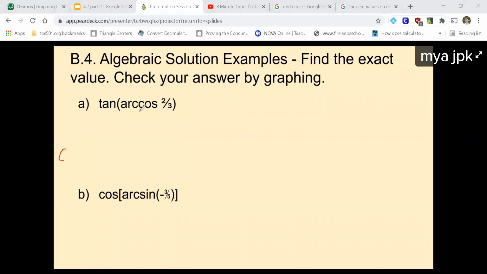So as a reminder, the cosine of any angle tells you the x over r value. So then the arc cosine will take a ratio of x over r and give you an angle. So what this problem is telling me is that my x value is 2 and my r value is 3.